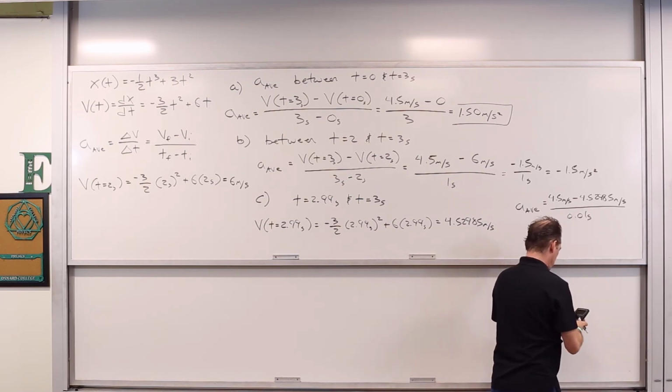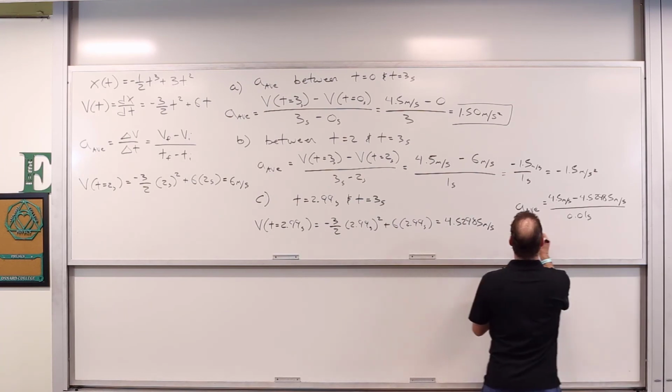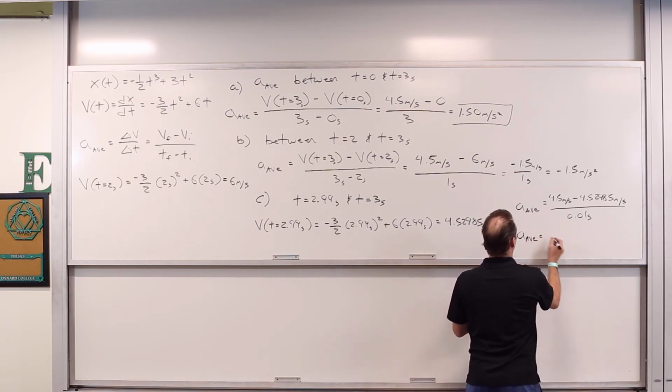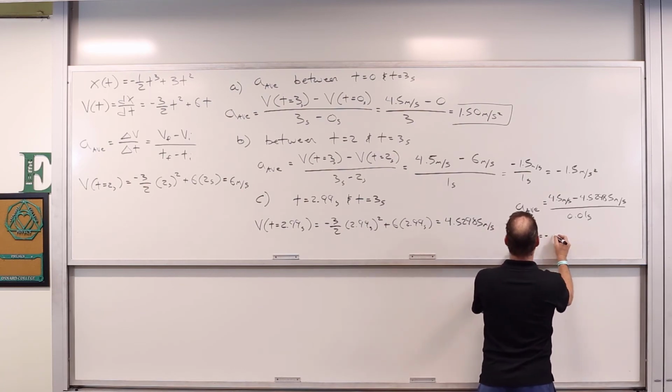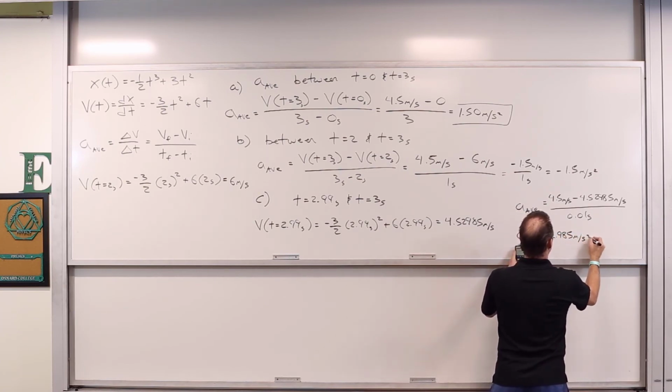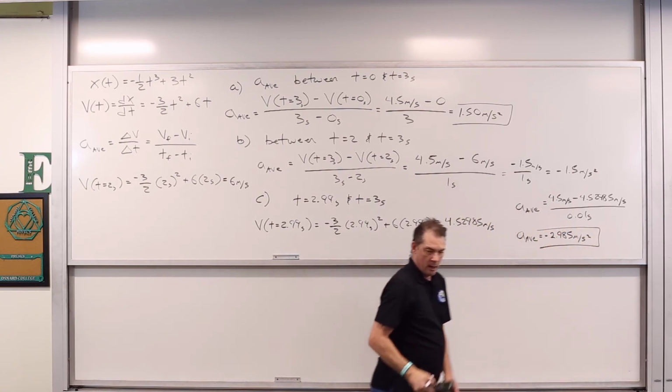So we'll just do that. That gives us that the average acceleration over that time interval is negative 2.985 meters per second squared.